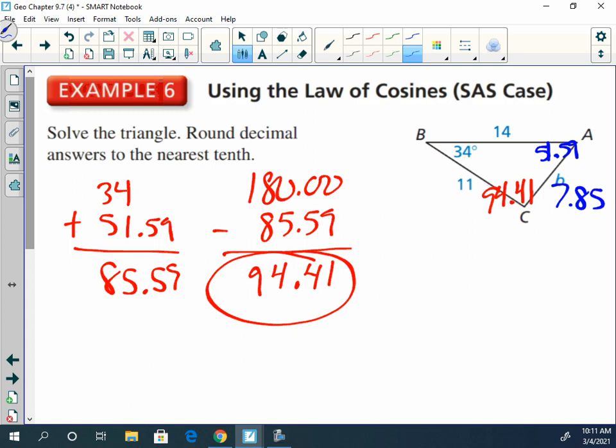Let's see here. Did I add those two together wrong? Okay. What do we get? 51.59. Yep. 85.59. Yep. 94.2.